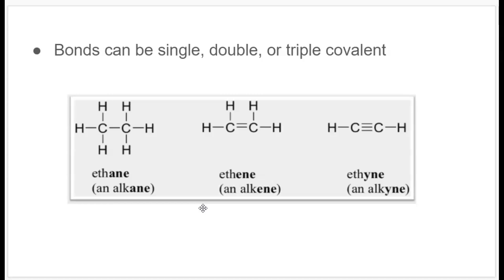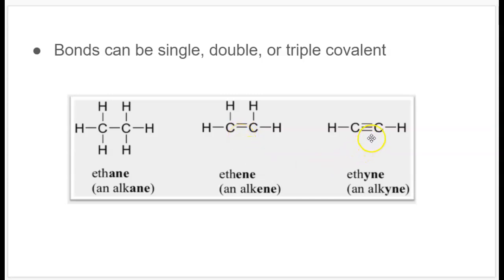Now, with all of those covalent bonds that carbon can form, it's important to understand that some of those covalent bonds can be single bonds, and when we see them in diagrams, it's just represented by a single straight line. Or they can be a double bond, meaning 2 electrons are shared between these 2 carbon atoms, for example, so we see it represented as 2 lines.